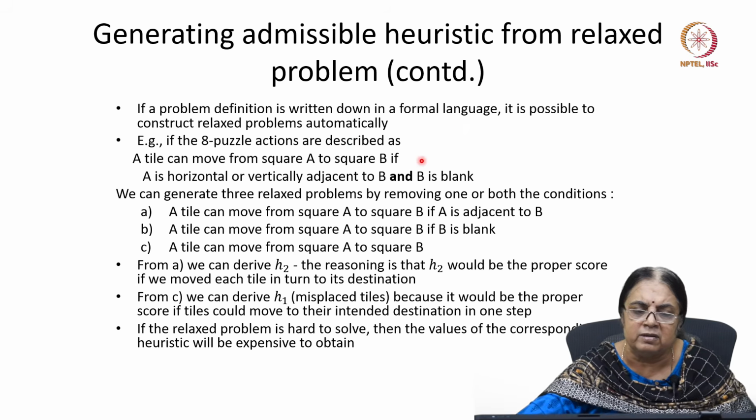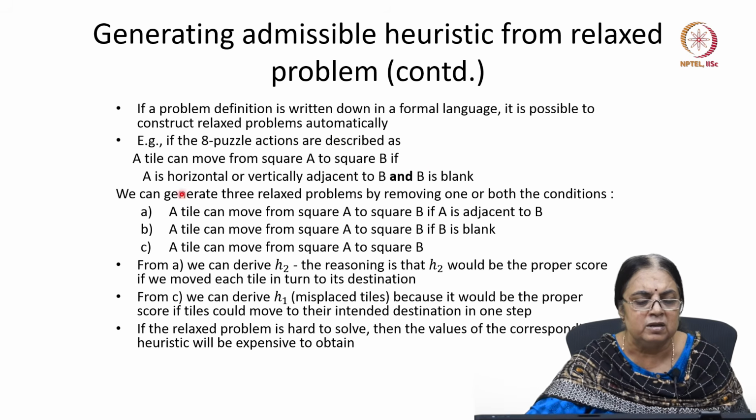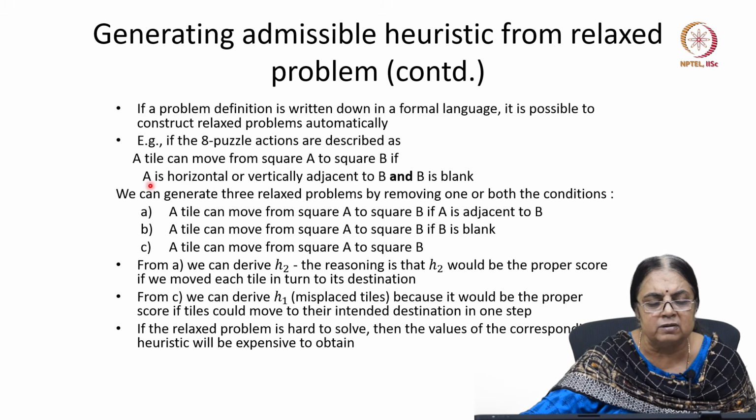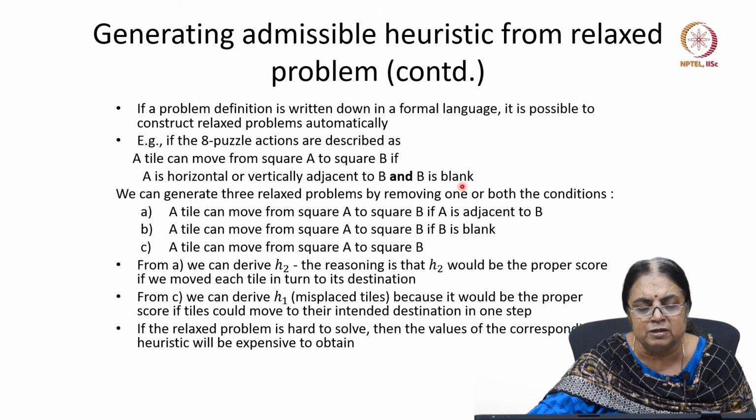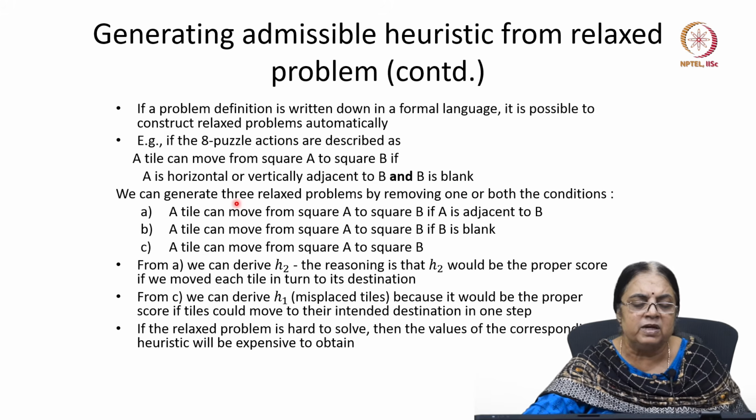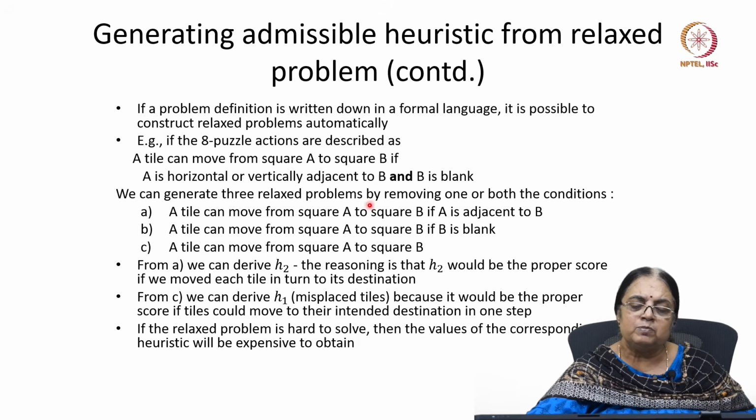So if we take the 8 puzzle, okay, what we have is that a tile can move from square A to square B if these are the conditions that we have: A is horizontally or vertically adjacent to B and B is blank, okay. So we can generate relaxed problems by removing these conditions, okay.